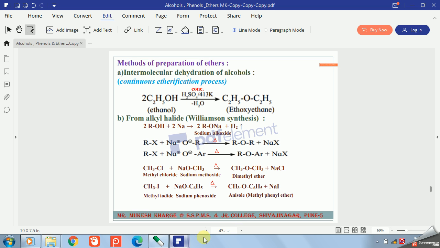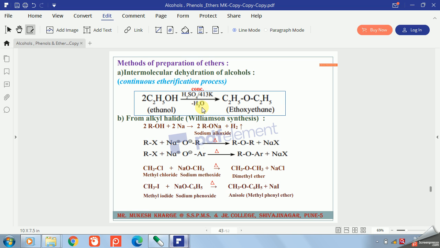Then the next reaction. If you observe the details of this reaction, in this reaction H2SO4 is regenerated, and that's why it is called a continuous etherification process.